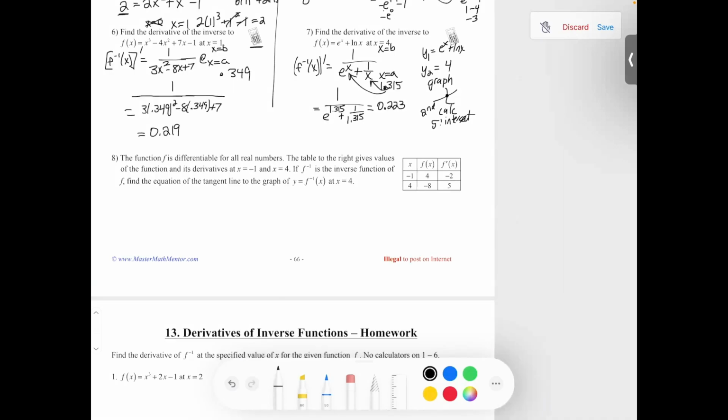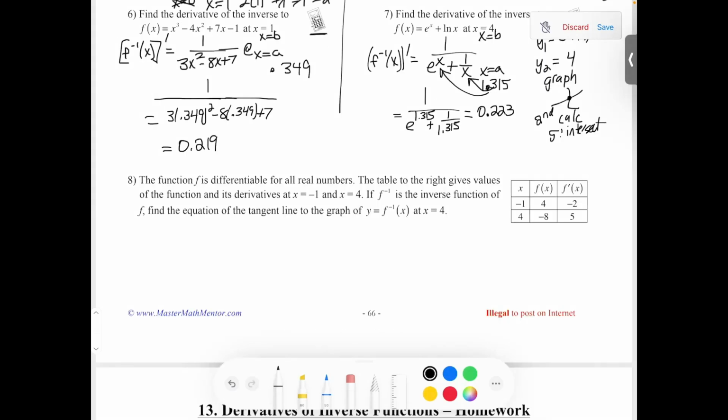All right, number 8, the function f is differentiable for all real numbers. The table to the right gives values of the function and its derivatives at x equals -1 and x equals 4. If f inverse is the inverse function of f, find the equation of the tangent line to the graph y equals f inverse of x at x equals 4. Remember, this is x equals b.